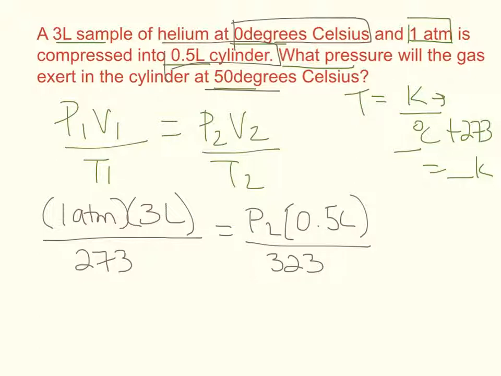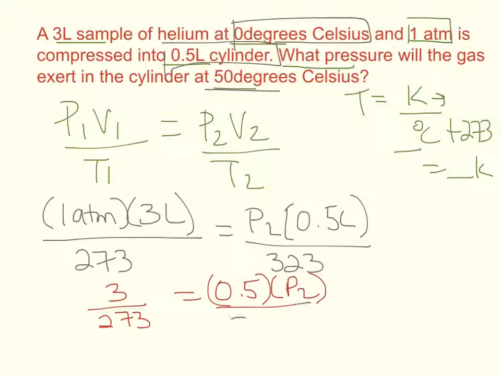So now what I'm going to do is we can combine our fractions. So we have 1 multiplied by 3, so we have 3 over 273 is equal to 0.5 P2 over 323. So now what I can do is I can actually cross multiply because I have a fraction equaling a fraction. So what we end up getting is 3 multiplied by 323 gives me 969.